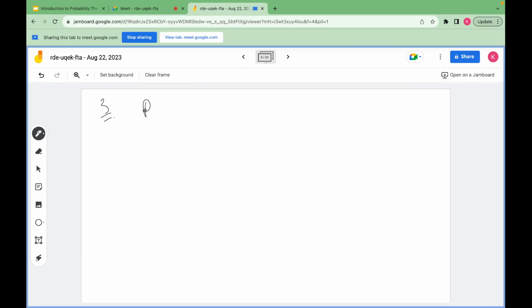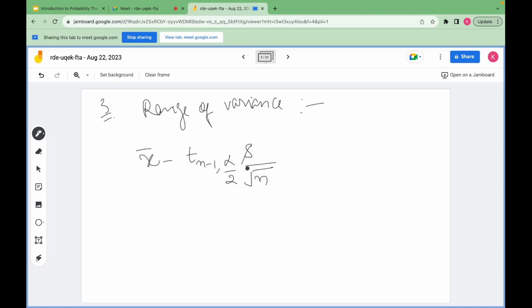So the formula for the range of the mean is x bar minus t(n-1, alpha/2) into s upon root n, to x bar plus t(n-1, alpha/2) into s upon root n.